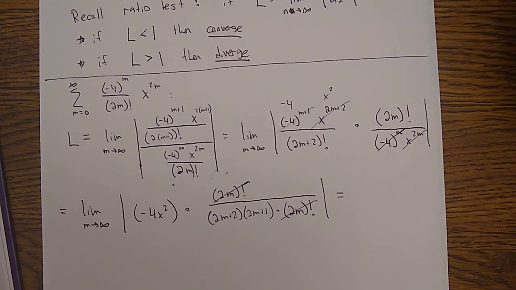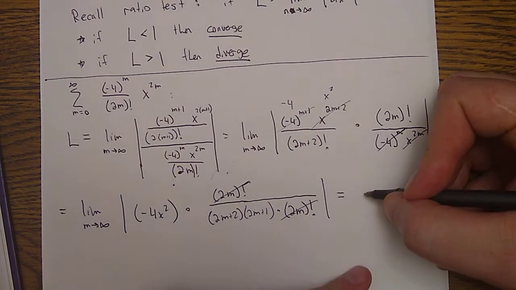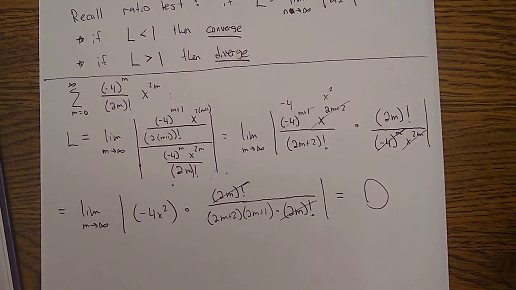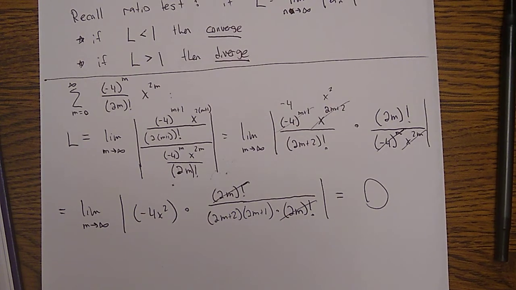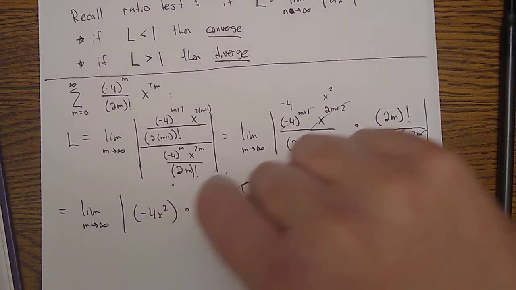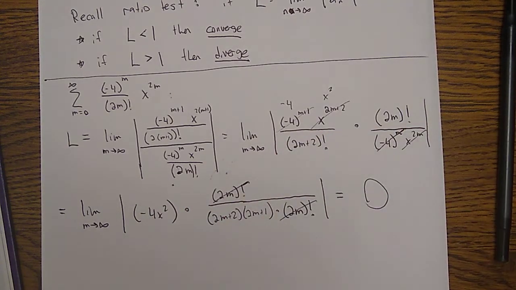So what do I have? As m goes to infinity, this is 0. Right? Because it doesn't matter what x is. If x is just any constant, then as m goes to infinity, because I have m in the bottom, this is 0.